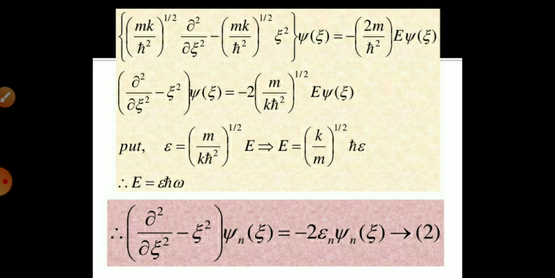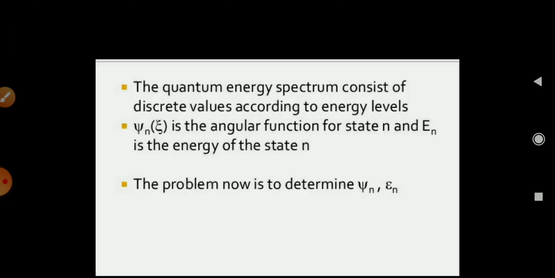So E equals epsilon h omega, and as we know, del square by del epsilon square psi(epsilon) minus epsilon square psi(epsilon) equals minus 2 epsilon n psi n(epsilon). This is equation 2.